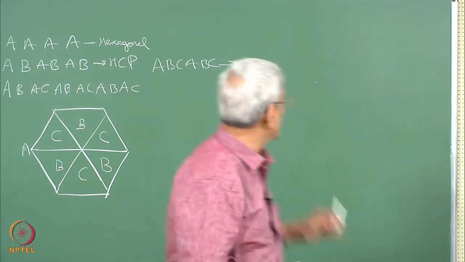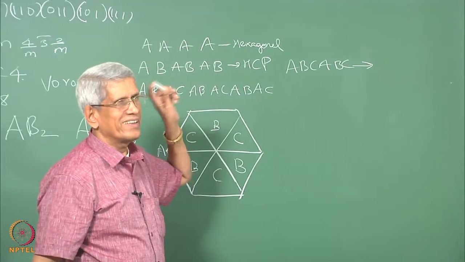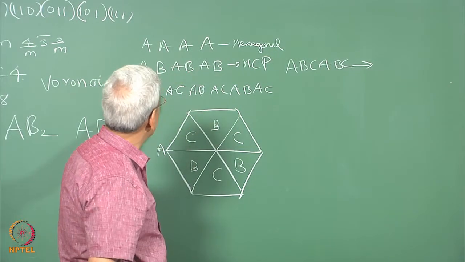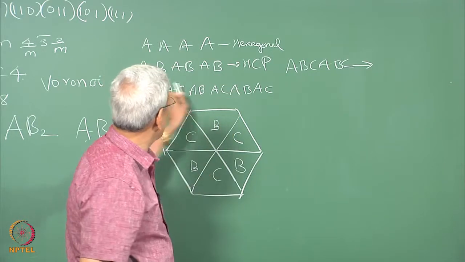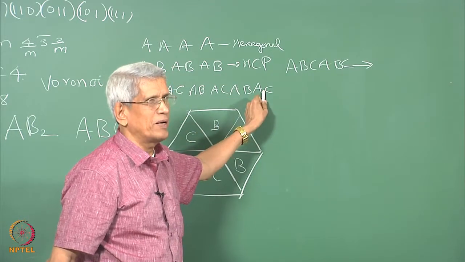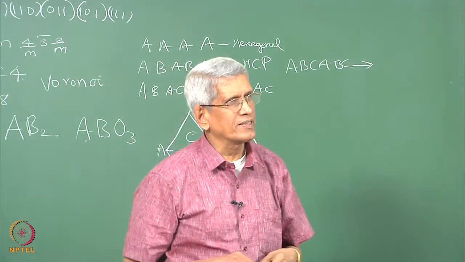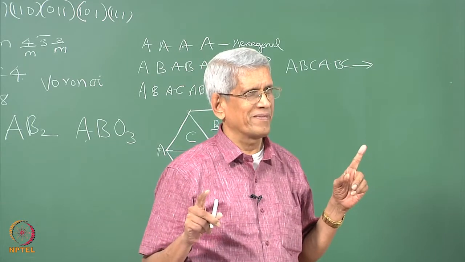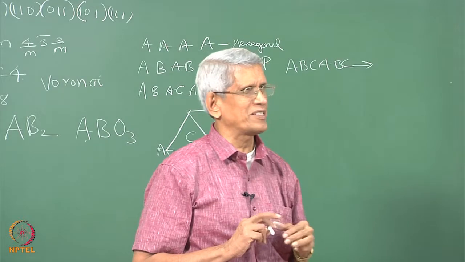If we take the combination as A, it is hexagonal. If we take AB, it's HCP. We can have this sort of sequence which is possible. But if you look at all other sequences, nowhere you find that ABC will come. If anywhere an ABC comes, it means that it is an FCC type of structure.